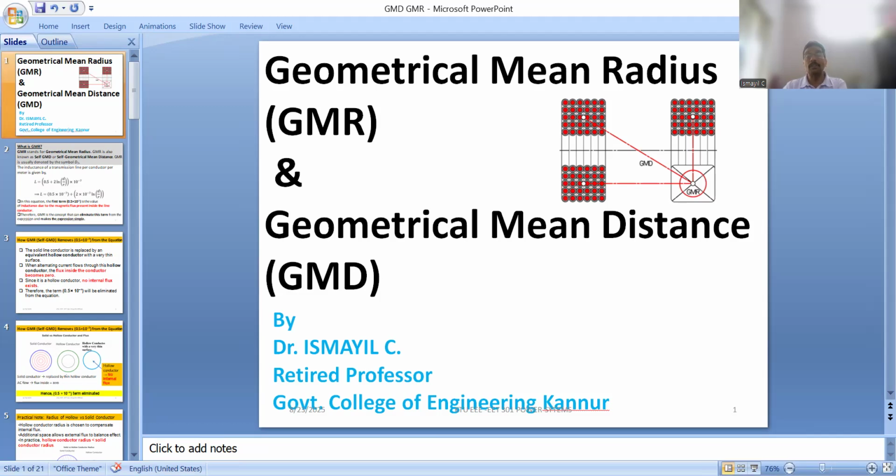From this what we understand is that we can simply neglect adding or subtracting the radius with the distance between the transmission lines. Simply take that distance only, then we'll be getting almost the same answer.